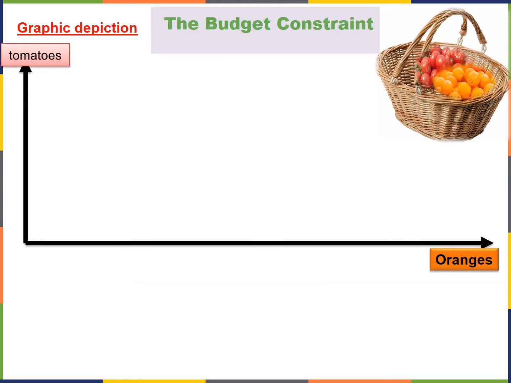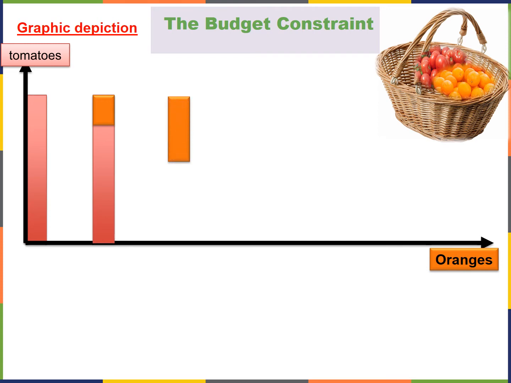Let's say we begin with all purchases being tomatoes. As we make a choice to add some oranges, we will lose some tomatoes because we only have $20. As we increase the number of oranges, we are forced to decrease the number of tomatoes, and the process goes on.